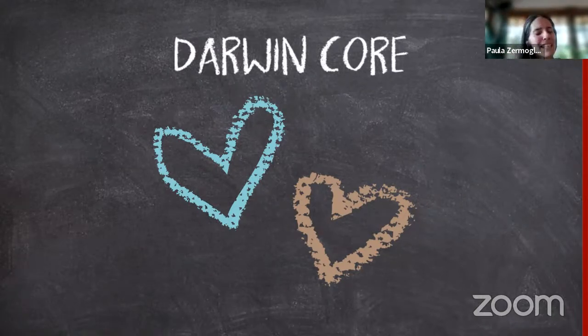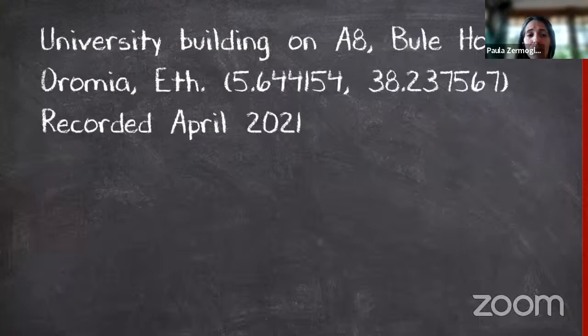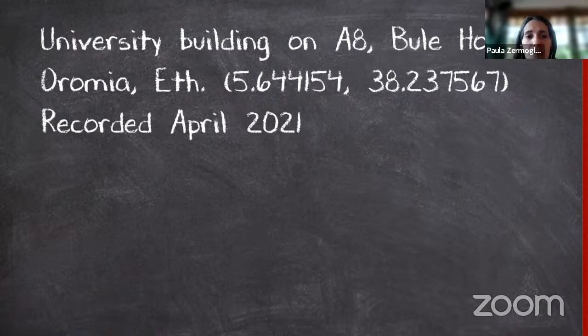But believe me, you will end up liking it. So what I would like you to do now is to tell me, for this location on the screen, where would you capture each piece of information, in which Darwin Core fields? This is very similar to what we've done in the pre-course exercise.